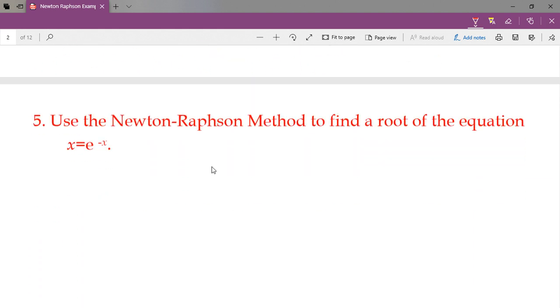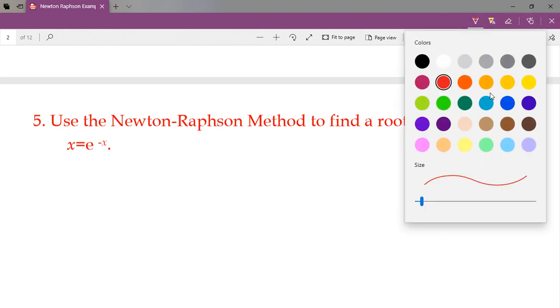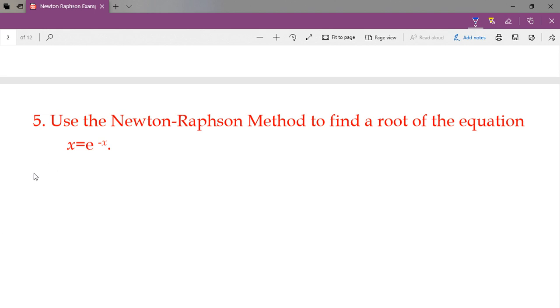Use Newton-Raphson method to find the root of the equation x is equal to e power minus x. So now, what can the equation be written as? Let us try to make the equation simple.